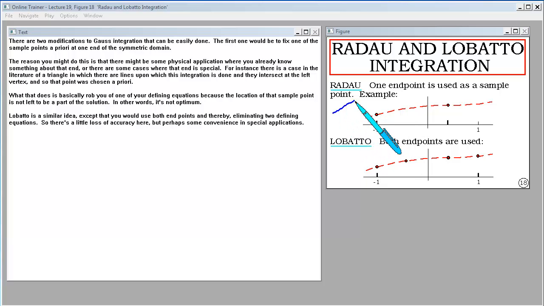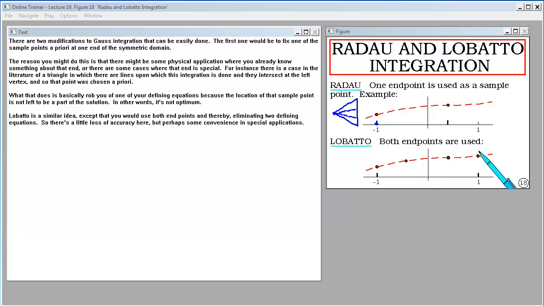For instance, there is a case in the literature of a triangle in which there are lines upon which this integration is done, and they intersect at the left vertex, and so that point was chosen a priori. What that does is basically rob you of one of your defining equations, because the location of that sample point is not left to be part of the solution. In other words, it's not optimum.